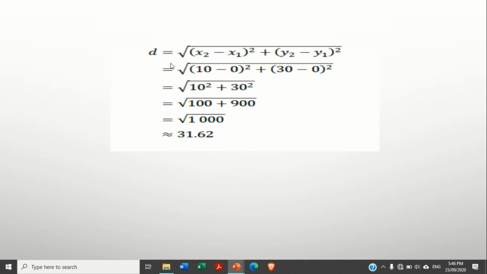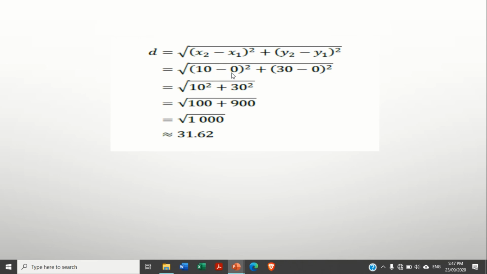We are going to use d equals square root of x sub 2 minus x sub 1 squared plus y sub 2 minus y sub 1 squared. Then substitute 0 and 0 to x sub 1 and y sub 1 because of the origin, and then x sub 2 and y sub 2, which is 10 and 30, the center.